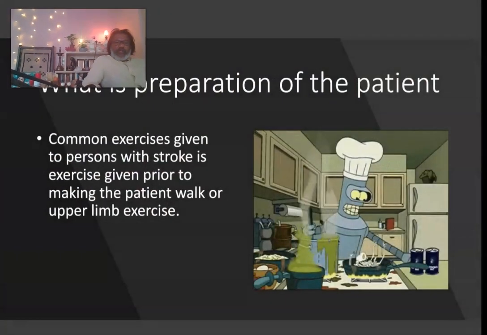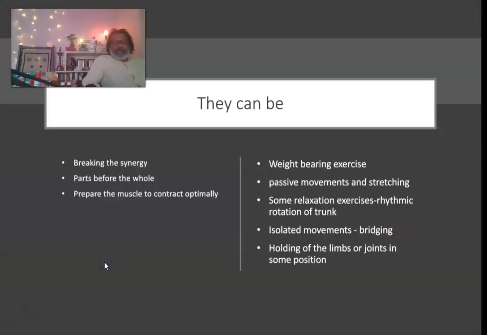You might not have heard the name as such, but it's common for all of us to do, for example, passive movements, passive stretching, individual activity like bridging or doing wrist extension if it is possible. That's what they call preparation of patients.